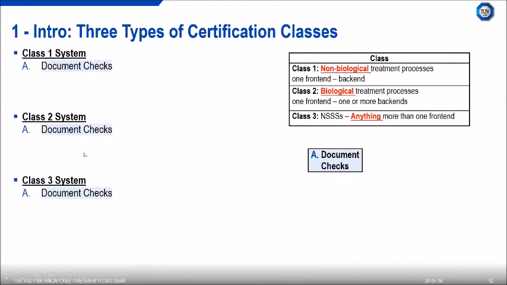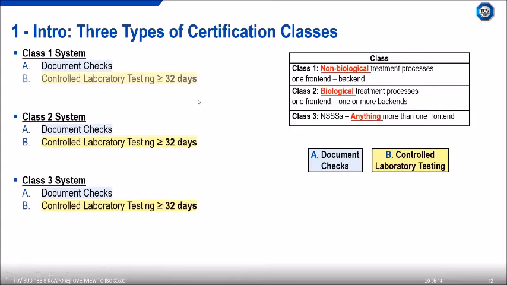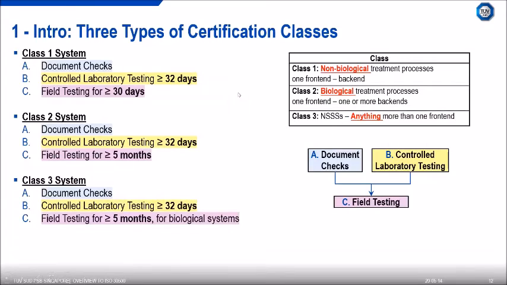For class 1, 2, and 3, you have to go through the same document checks requirements, and you also have to go through a minimum of 32 days of controlled lab testing. The difference comes in with the field testing. If you are class 1, using a non-biological treatment process, you go through field testing for a minimum of 30 days. If you're class 2, so one front end using biological treatment, your field testing has to be a minimum of 5 months.